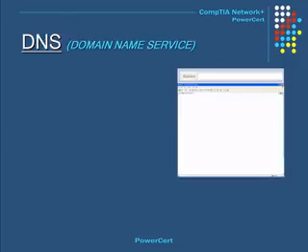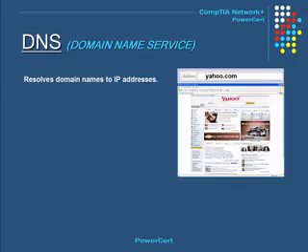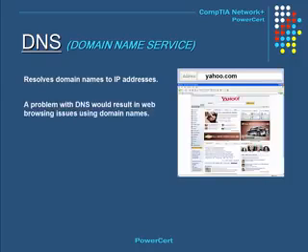Problems can also happen in DNS also. And as we discussed earlier, DNS resolves domain names to IP addresses. The main impact that this service would have on a network if DNS was not working properly is basically accessing web pages using domain names.